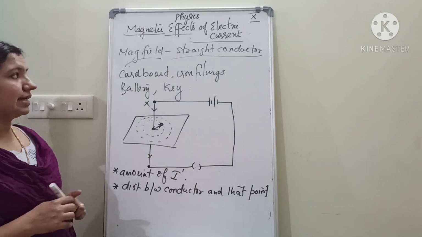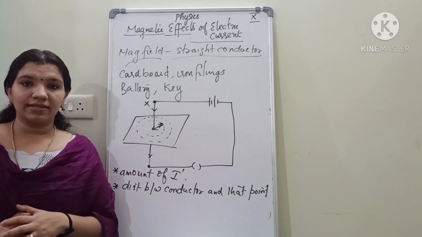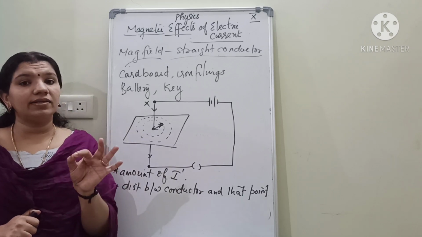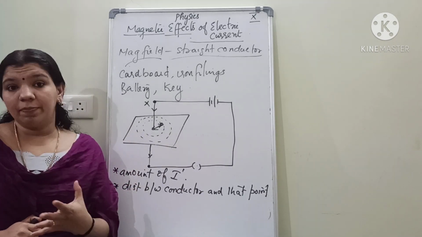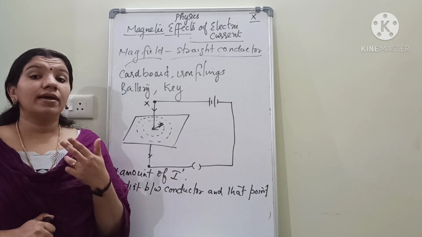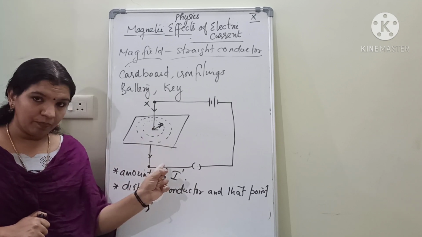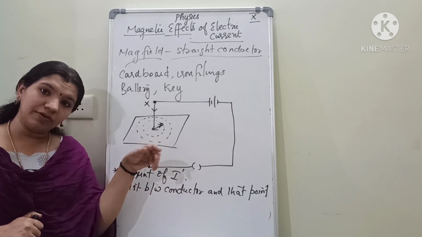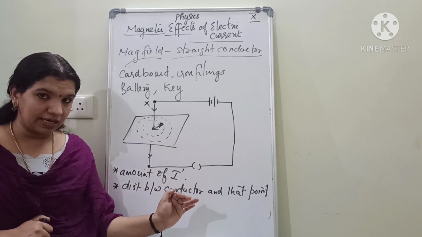Clear? Is the activity clear for you? For what purpose are we using this activity? Yes, it is used to find the magnetic field around a straight conductor. What is the shape of the field lines? Concentric circles. What are the factors on which it depends? First one is the amount of current. If you are increasing the current, the magnetic field also gets increased. If you are decreasing, the magnetic field gets decreased.